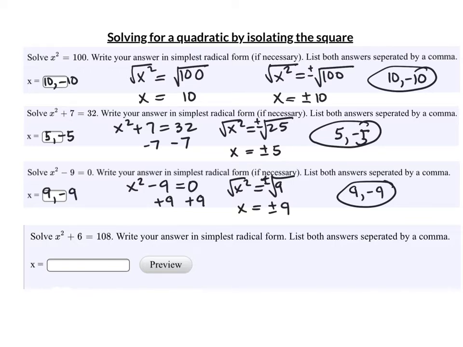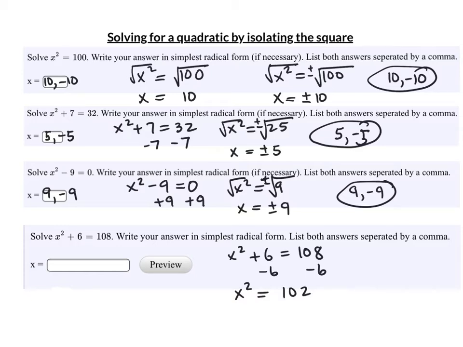Now these are going to start being a little bit weird, and we're going to have square root answers. We've been practicing square roots in preparation for this. X squared plus 6 equals 108. So I'm going to get the x squared by itself. I'll subtract 6 from both sides, and I get x squared equals 102.